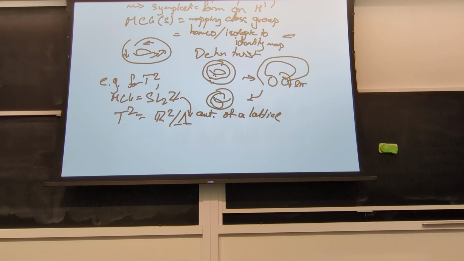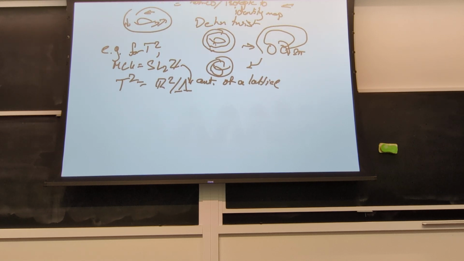You asked a good question, how big is this? It turns out that in general, the mapping class group is going to act on H1, because of what I did over here, it twists the circles. What that means is it gives an automorphism of this vector space, but it preserves the pairing.